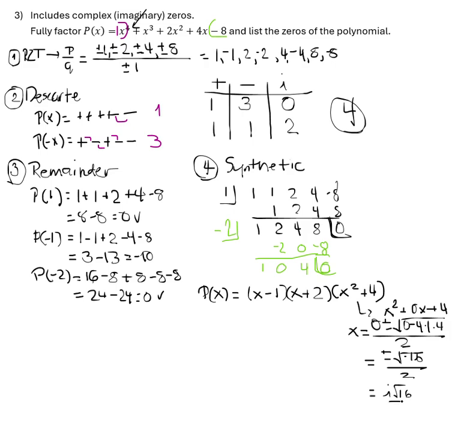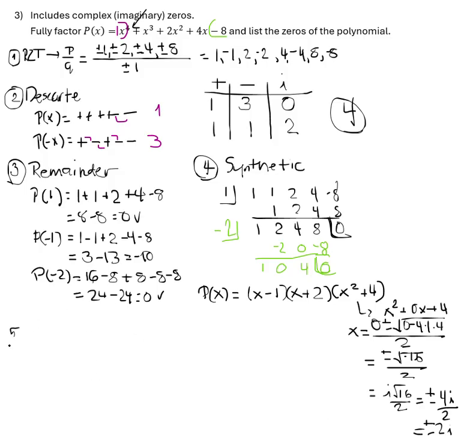What's the square root of 16? That's going to be a positive or negative 4 times i, all of this over 2. So that's going to be a positive or a negative 2i. Okay, good.